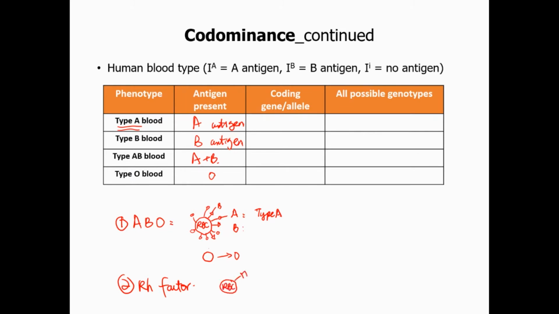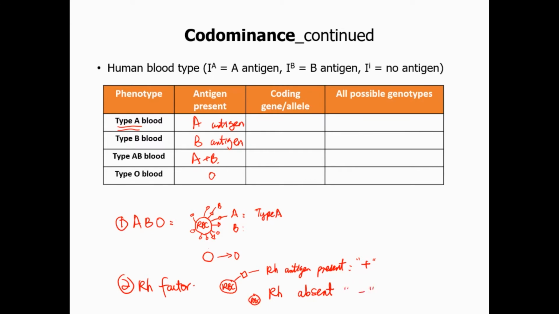I'm going to use the squares. So if you have RH antigen present, then you are positive. Okay, that's where the positive negative sign comes from. It's determined by the RH system. If RH is absent from your red blood cell surface, like this, no squares, that's going to be negative.